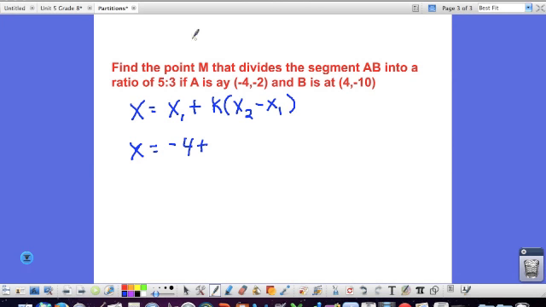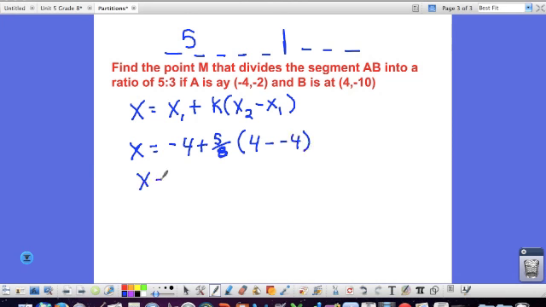We want 5 spaces, 1, 2, 3, 4, 5, and another 3, so we're dividing this segment into 8 segments. So the k ratio is 5/8 of the distance from 4 minus -4.